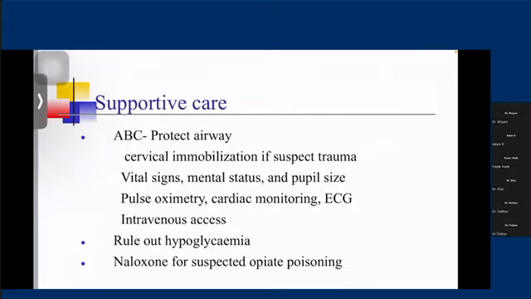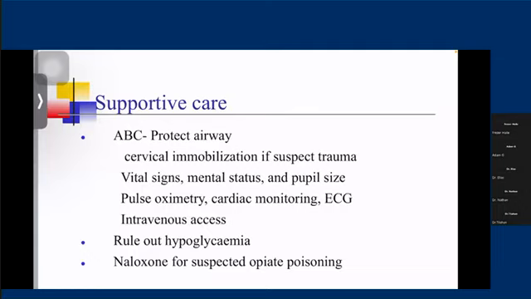Always we have to follow the ABCD of life. The first is protecting the airway and immobilizing the cervical spine. Patients who present with poisoning can range from simple dyspepsia and vomiting to coma.